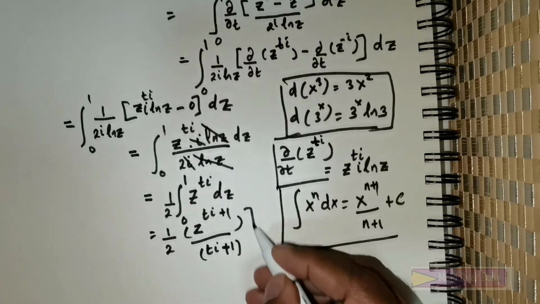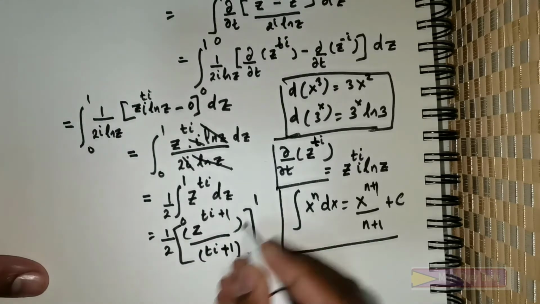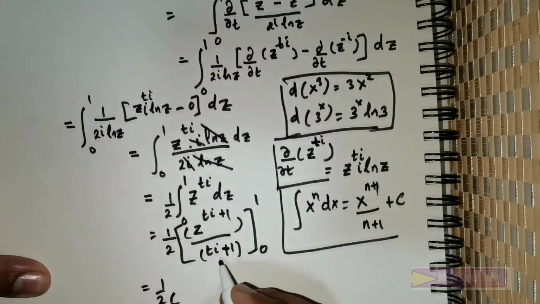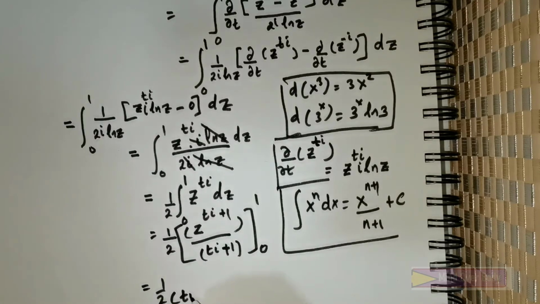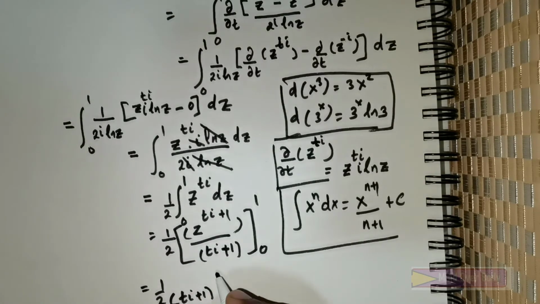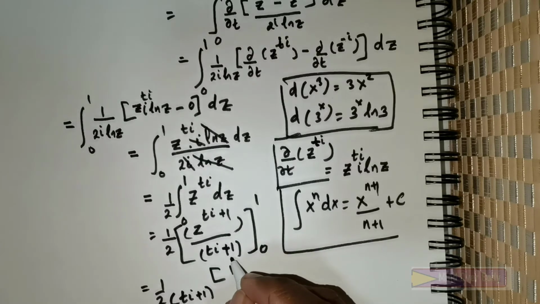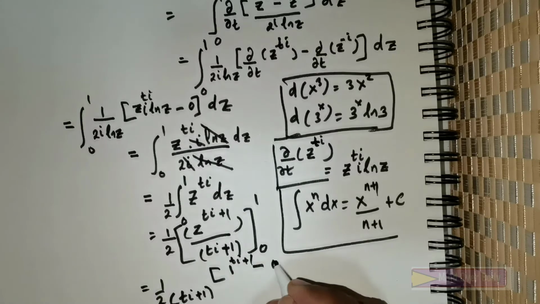Now the limits are 0 to 1. So I substitute the upper limit, and ti plus 1 is a constant. So it's going to be 1 raised to the power ti plus 1 minus 0.